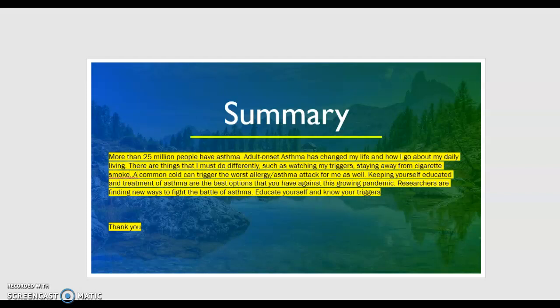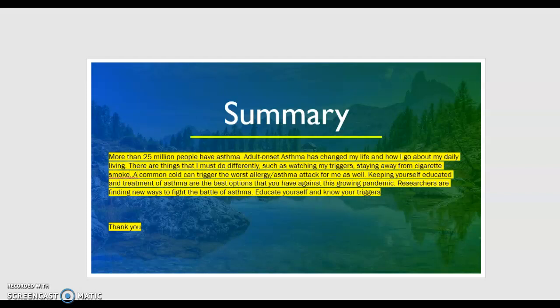And like I stated, to sum it all up, more than 25 million people have asthma. Adult onset asthma has changed my life and how I go about my daily living. There are things that I must do differently now, such as watching my triggers and staying away from cigarette smoke. Even a common cold can trigger my allergies.